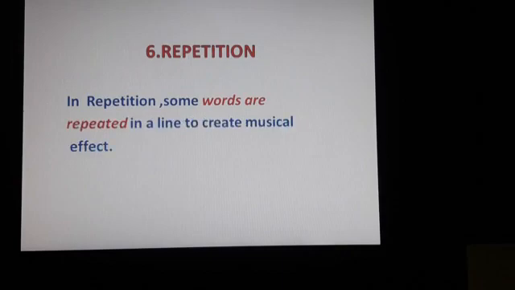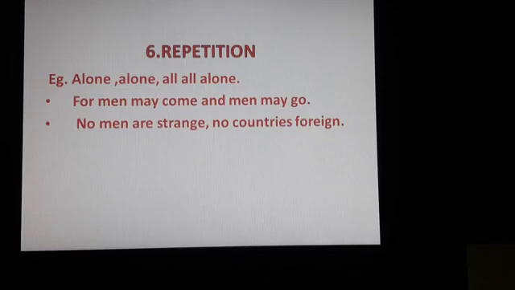Let's move further. Next is your repetition. Often students make mistake with repetition and alliteration. In repetition, some words are repeated in a line to create musical effect. In the alliteration, the sounds were repeated. Here the same words are repeated. See here.